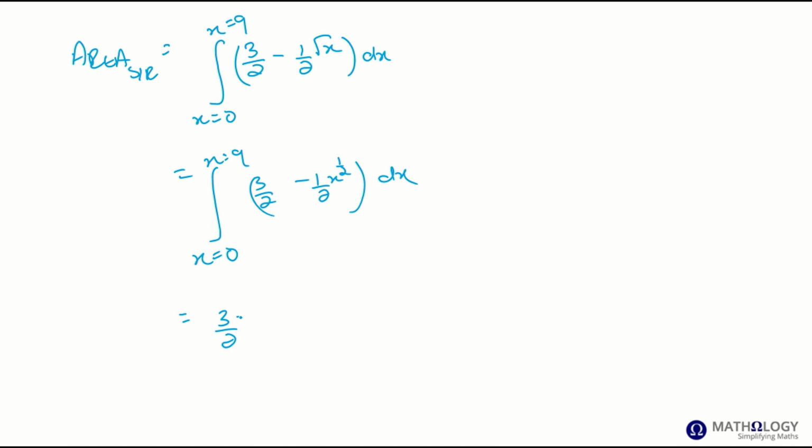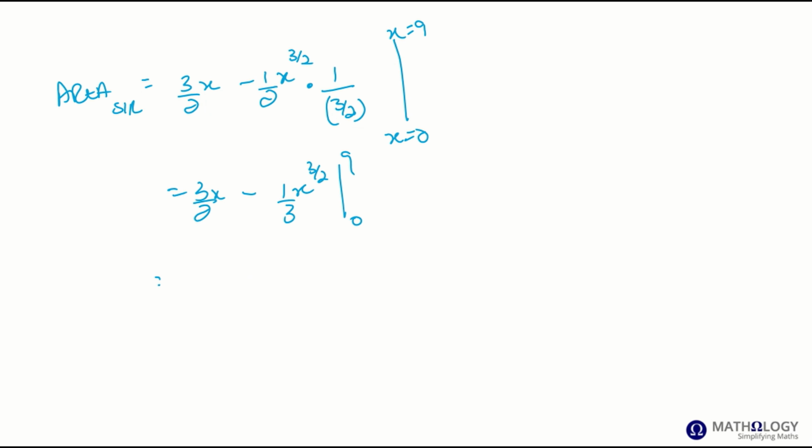That equals 3 over 2 times x minus a half, x to the half plus 1, so it's x to the 3 over 2. Then we multiply by 1 over 3 over 2. And this is evaluated between x equals 0 and x equals 9. That equals 3 over 2 times 9 minus a third times 9 to the 3 over 2.